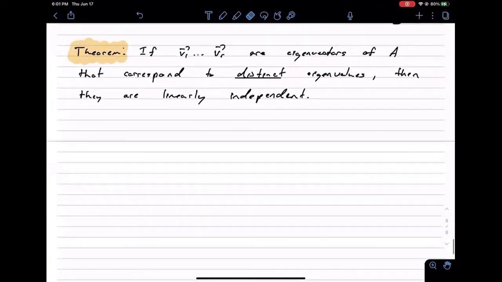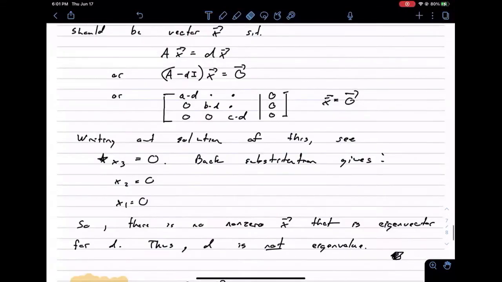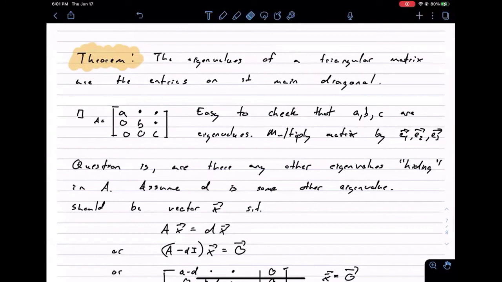There are problems in the book that correspond to this theorem. For example, problems 17 and 18 ask you to find the eigenvalues of a matrix. If you look at both of those matrices, they are actually triangular matrices.